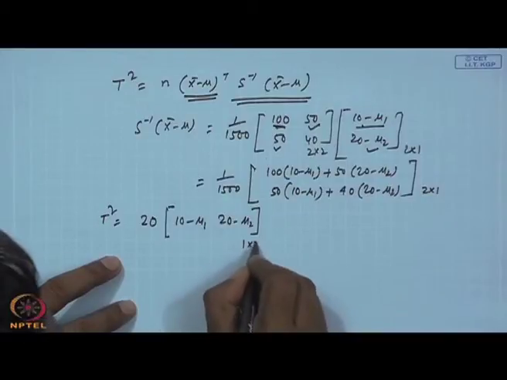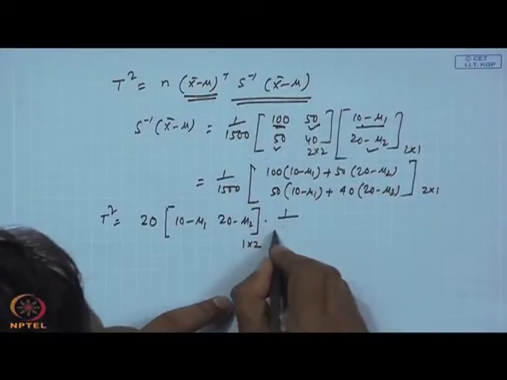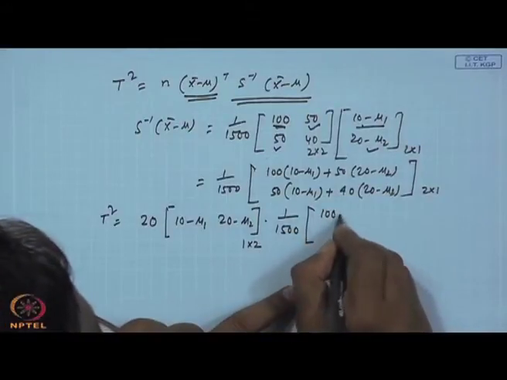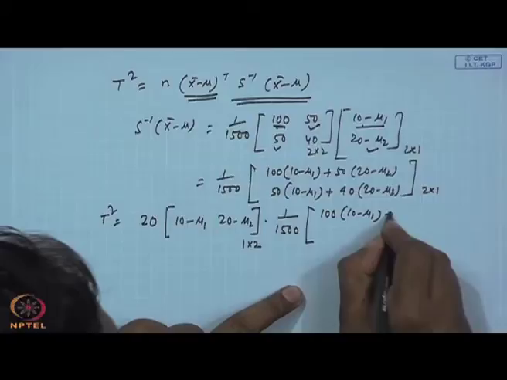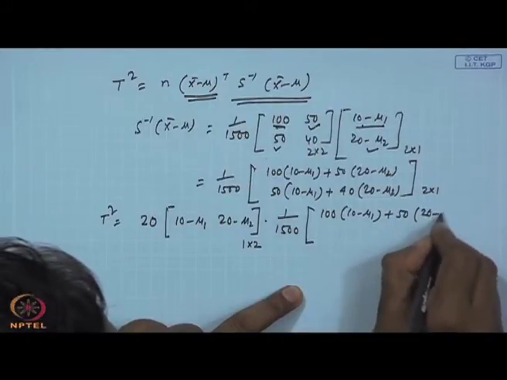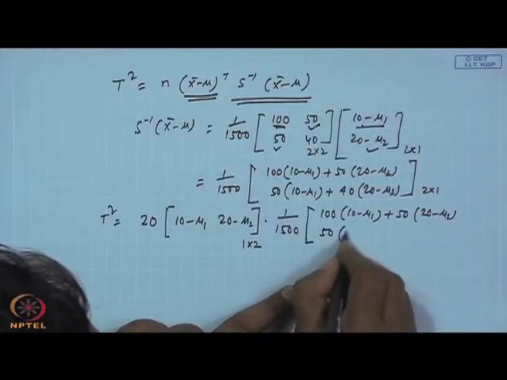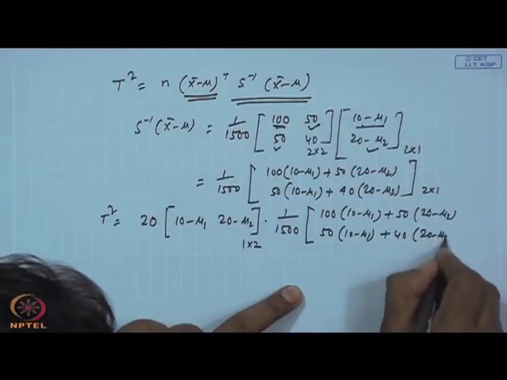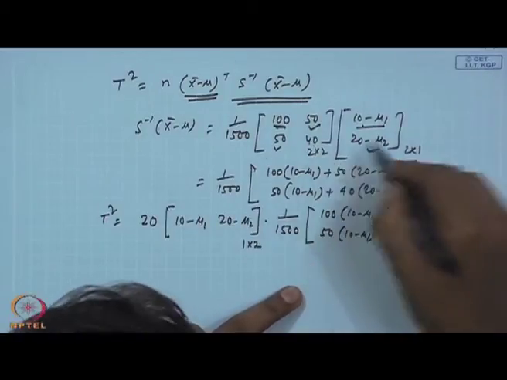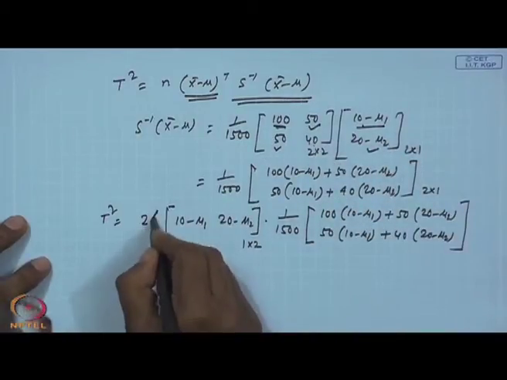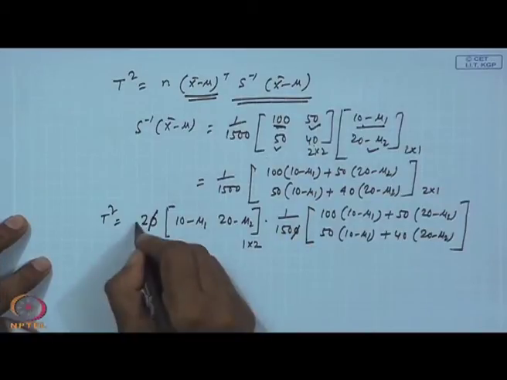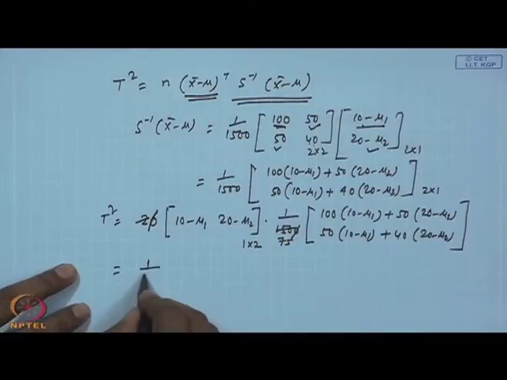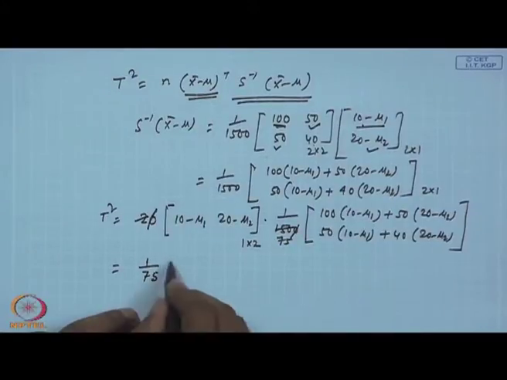This will be a 1 cross 2 matrix, then into 1 by 1500 into this total quantity: 100 (10 minus mu 1) plus 50 (20 minus mu 2), and 50 (10 minus mu 1) plus 40 (20 minus mu 2). Okay. So, this cut this one to 150, that is 75. So, if I write like this, this is 1 by 75.